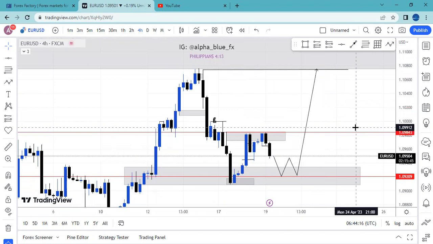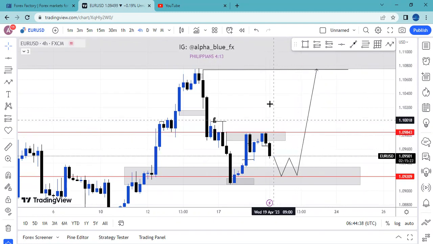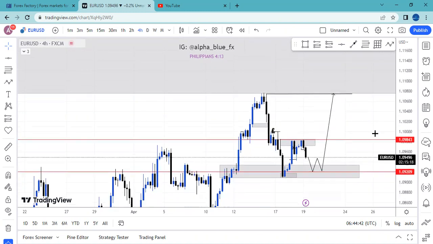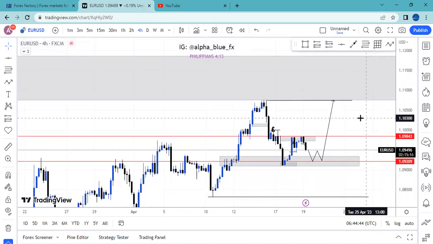Why? Because fundamentally, dollar is bearish. CPI data was lower than expected, and all of this data pointing towards high or low inflation shows that the inflation rate is easing up. So we are supposed to see more dollar dumping. If the dollar is dumping due to that, we will see Euro USD continue to push to the upside. So I'm really bullish on Euro USD in the long run.